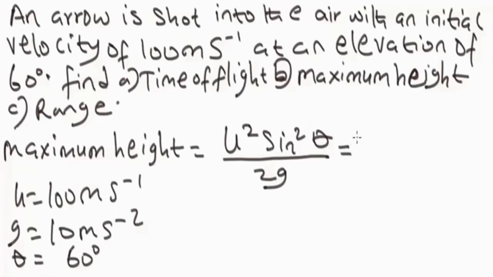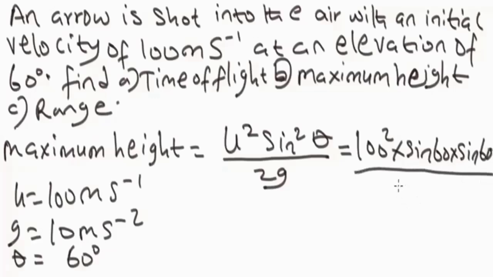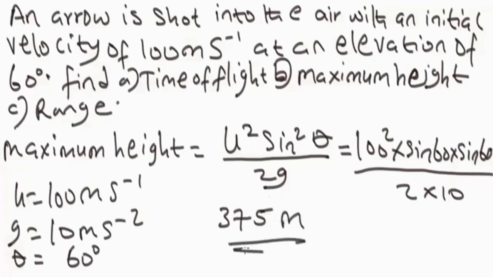If you substitute them, we have 100 square times sine square theta, which means you should multiply sine theta 2 times, so sine 60 times sine 60, over 2 times 10. Let me simplify this in my calculator. I have 375. Since we're talking about height, the unit is meters. This will be the maximum height.